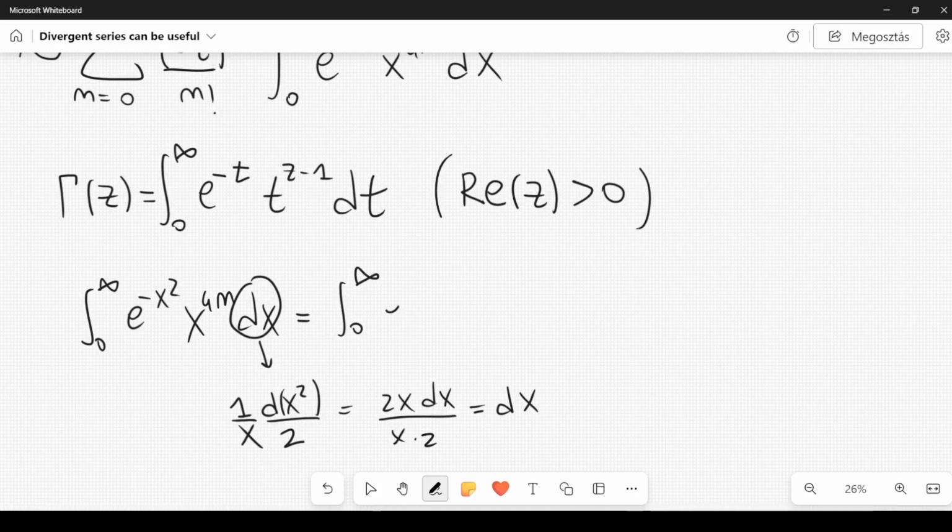Integral from 0 to infinity of e to the minus x squared. Then let's rewrite x to the power 4n as x squared to the power 2n. When we divide by x, we can rewrite x as x squared under the square root, so x squared to the power 1/2, because we know that x is non-negative since we are integrating from 0 to infinity.